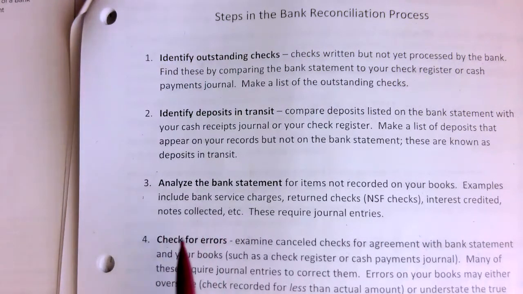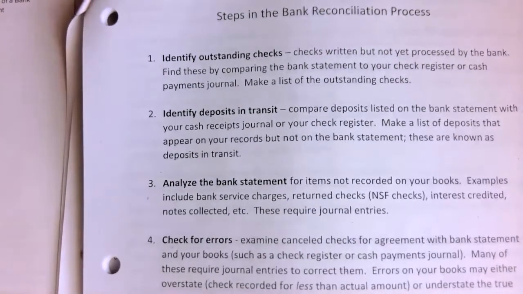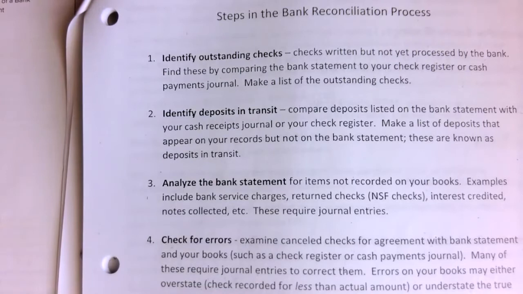That's not real common, but in some cases, a customer might send his payment check directly to your account at the bank without running through the accounting office first. So you have to double check for those. So these items will require journal entries.